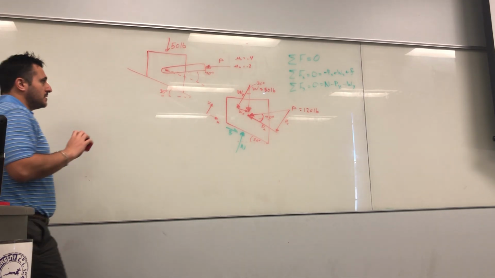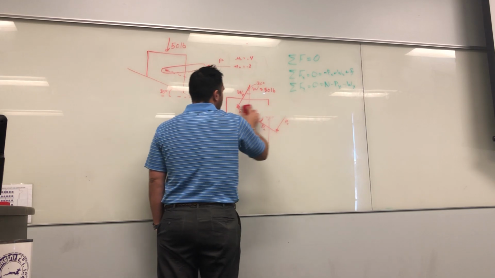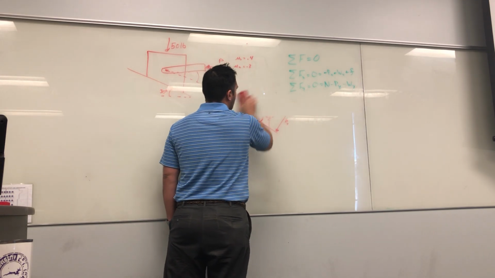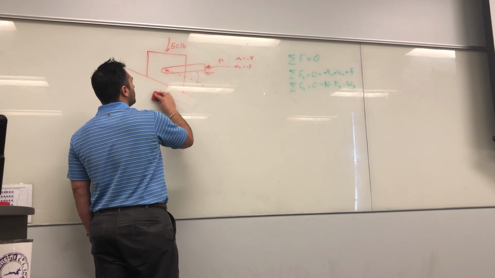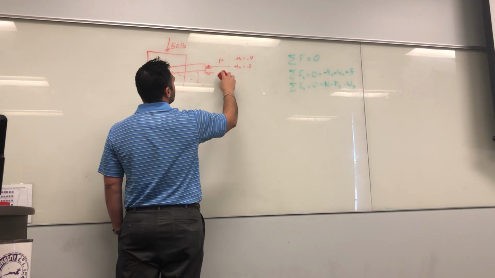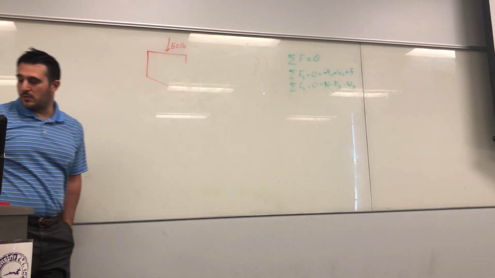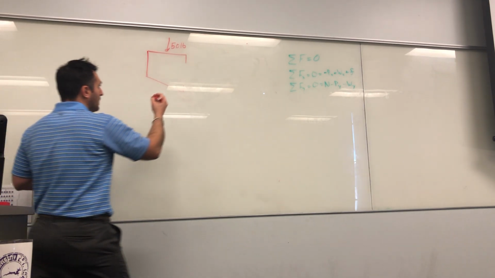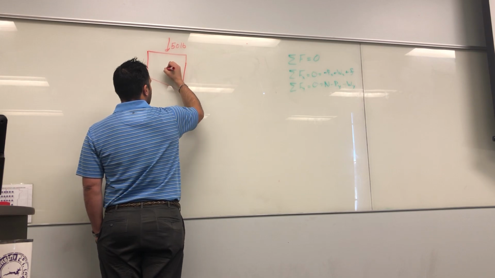So I'm going to make some room here. I'm going to get rid of the free body diagram. Actually, I'm not going to get rid of the free body diagram. I'm going to make this into my free body diagram up here so we can have it while we're working. And we'll calculate some values.